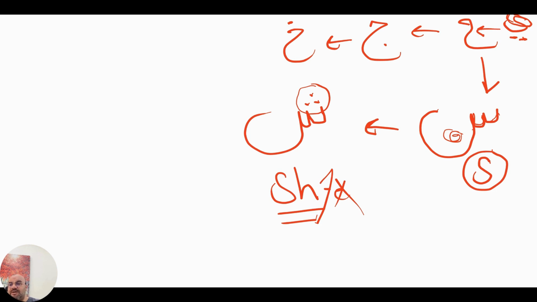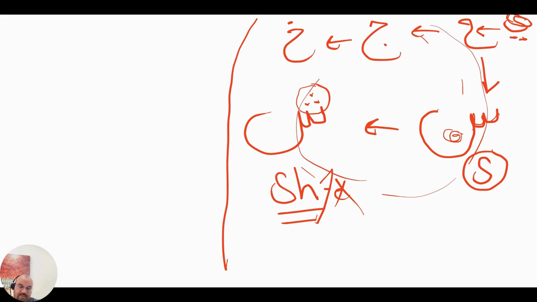Okay, sheen. Until now, I think this is clear. We can practice these letters. If you have any problem revising these letters, you can go back and revise what was already pronounced, or how we saw the pronunciation of these letters.